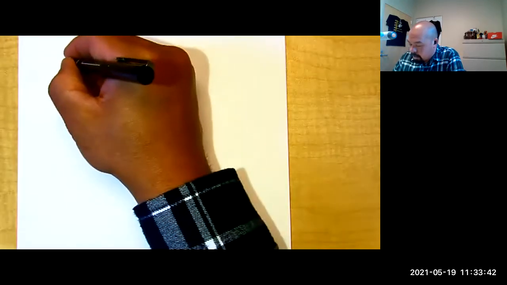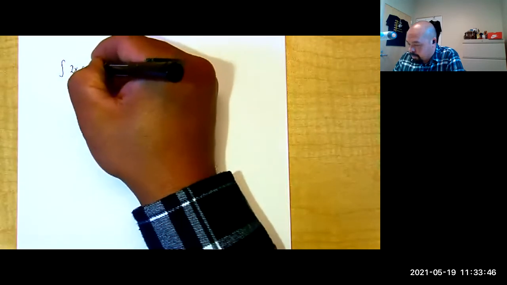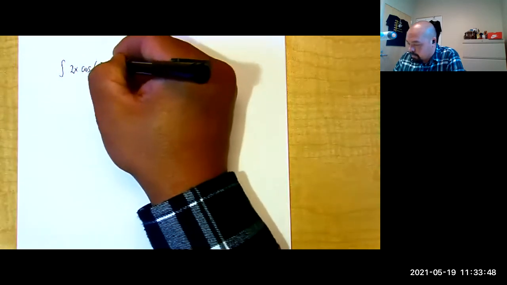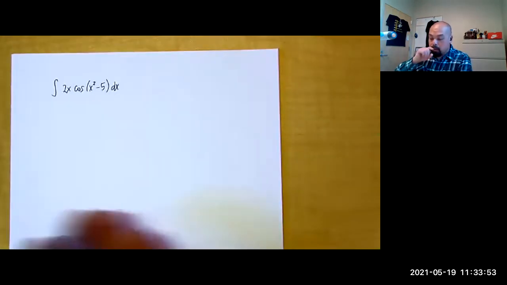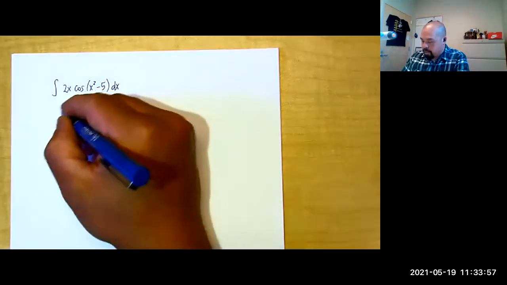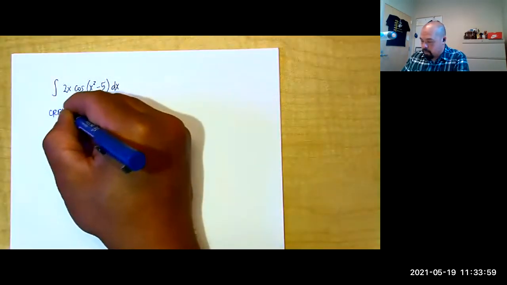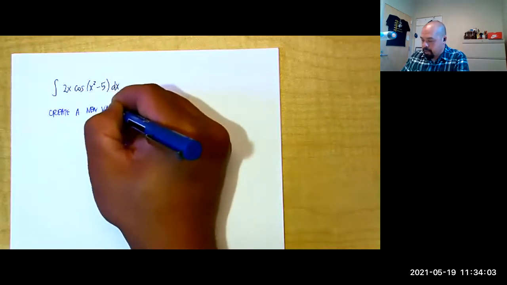For our example, we had 2x times the cosine of x squared minus 5, dx. We're going to create a new variable, a way of rewriting.